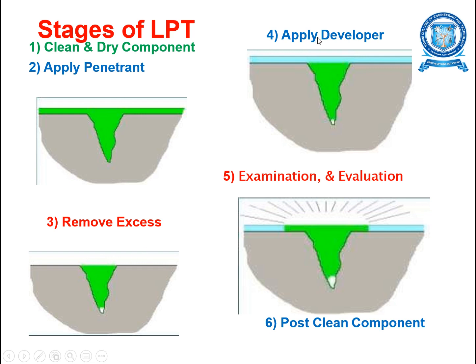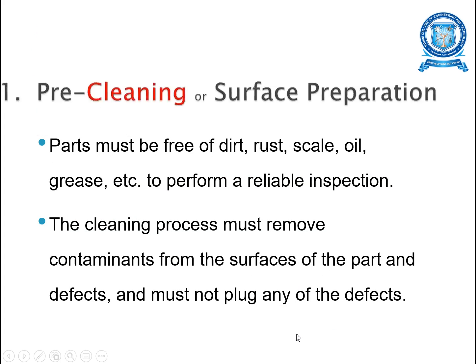And fourth is apply developer, that is the light green color you can see on the top of the test specimen. And fifth is examination and evaluation of the defect, and the last stage is the post cleaning of the component. So we will be studying these in detail now.